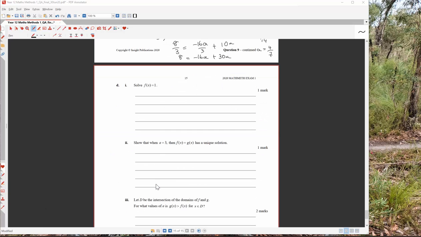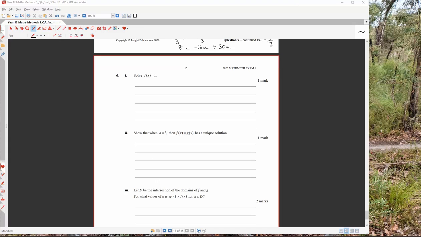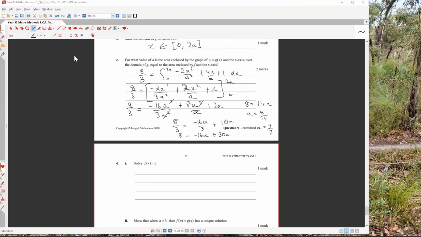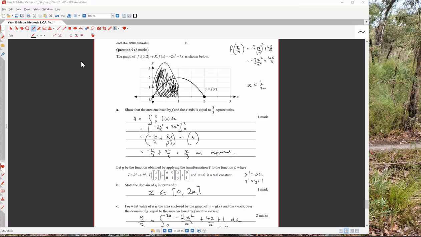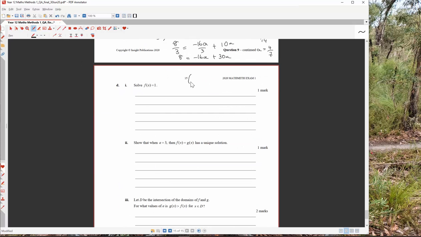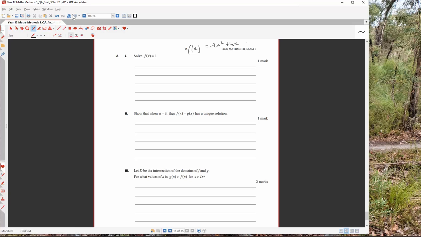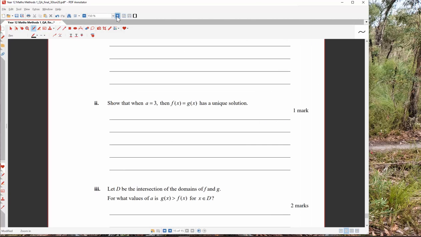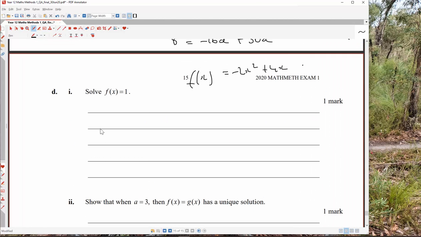All right, so what we'll do now is solve f of x equals 1. What was f of x again? Negative 2x squared plus 4x. So we want 1 equals negative 2x squared plus 4x. Now this is a pretty weird thing to do.